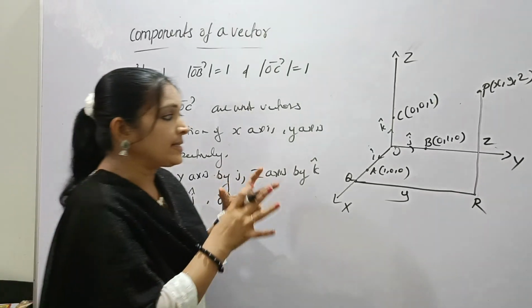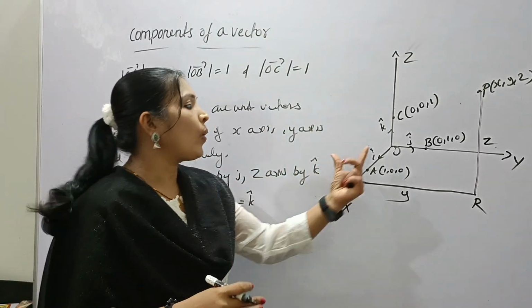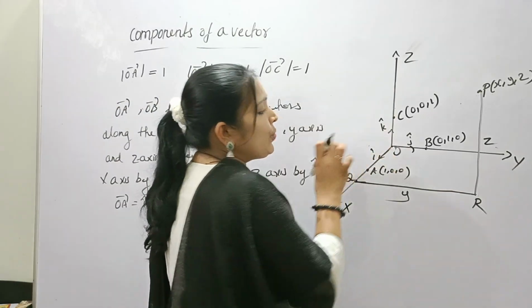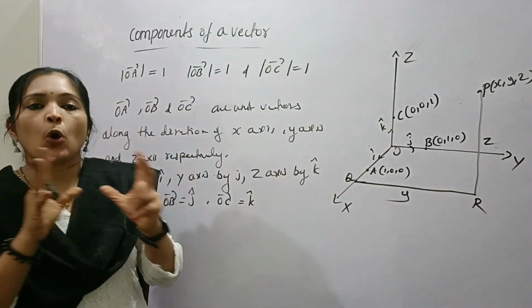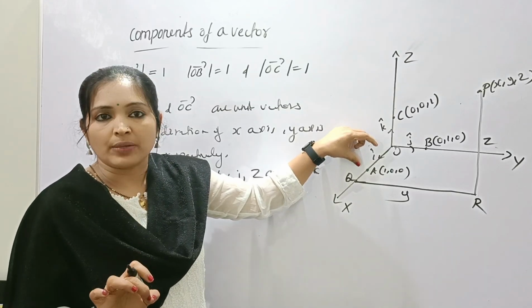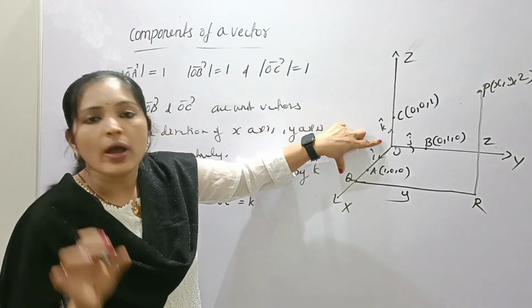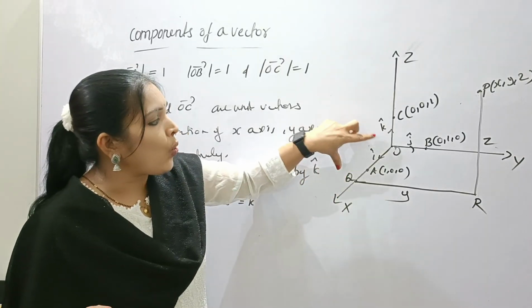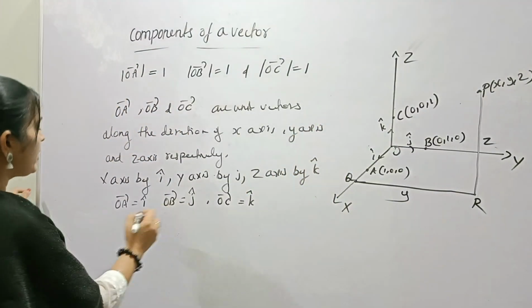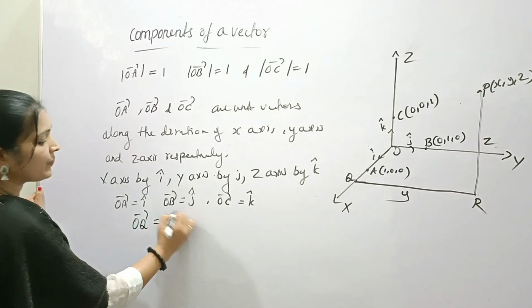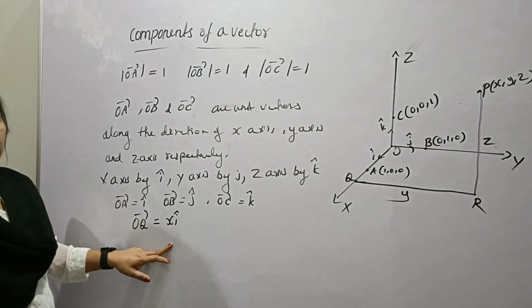Now what is the vector OQ? Vector OQ is the product of a unit vector and a scalar. What is the scalar here? x, that is this distance. So vector OQ is equal to x i cap.